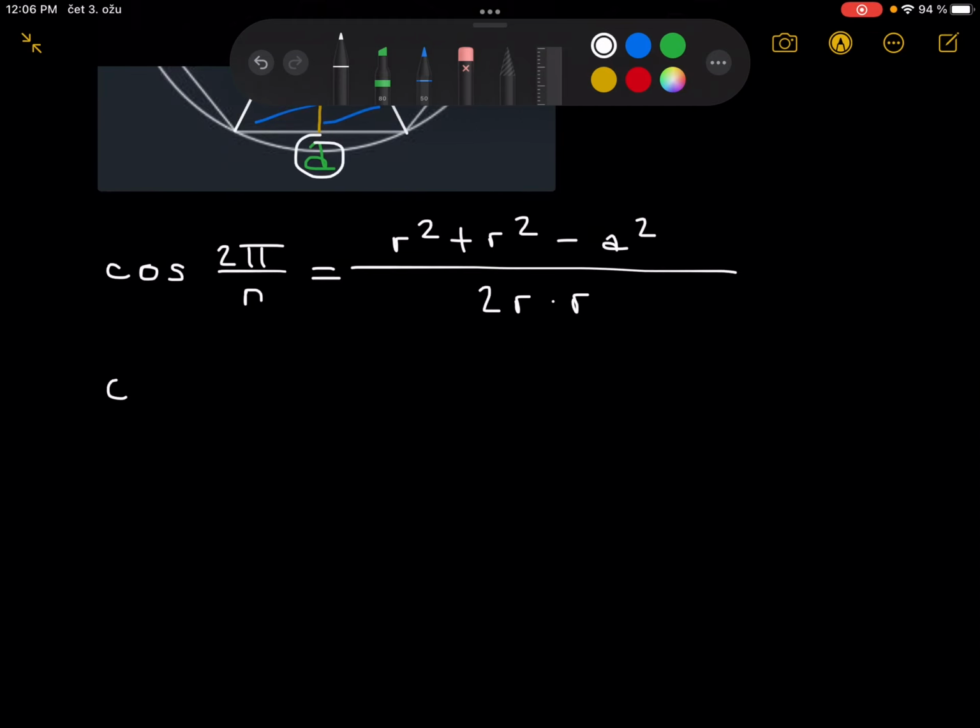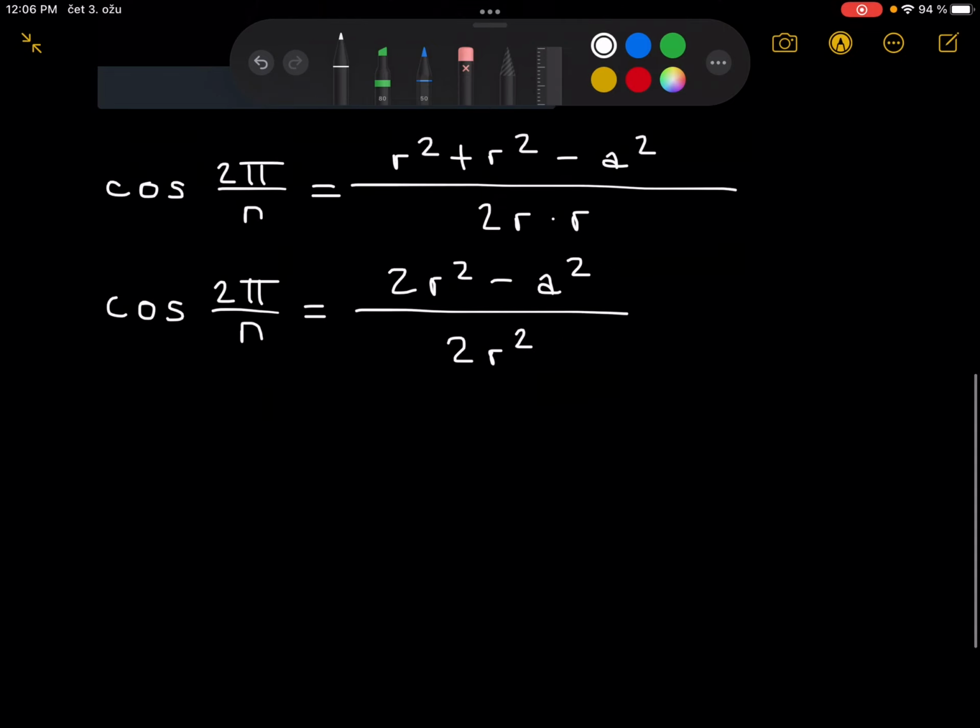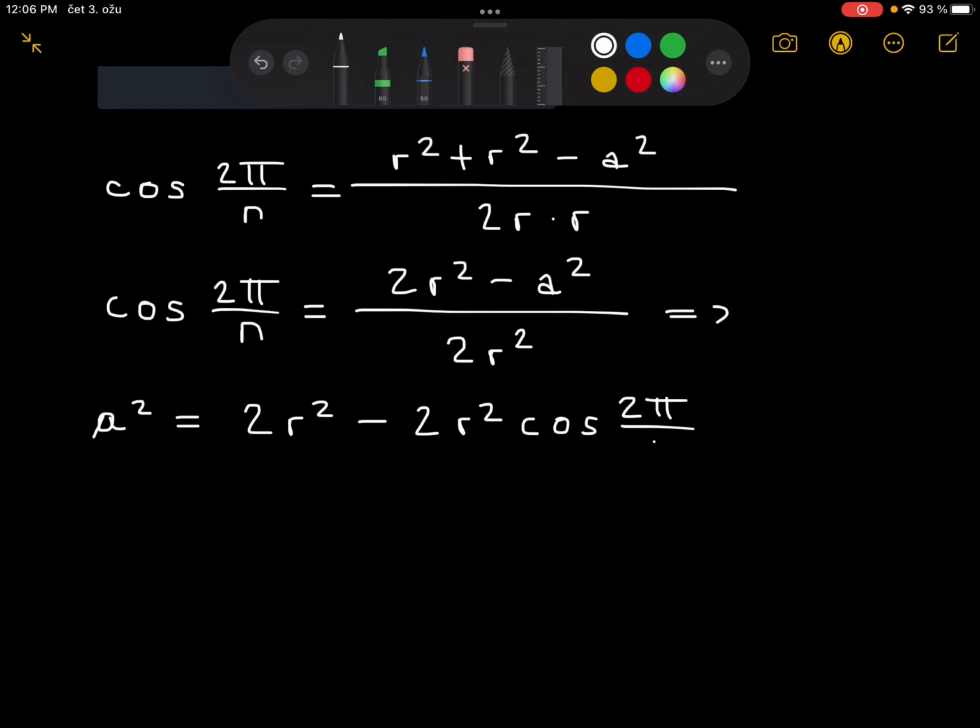Of course, we can just rewrite this as the cosine of 2 pi over n is equal to 2r squared minus a squared over 2r squared. From here, it follows that a squared must be equal to 2r squared minus 2r squared times the cosine of 2 pi over n.